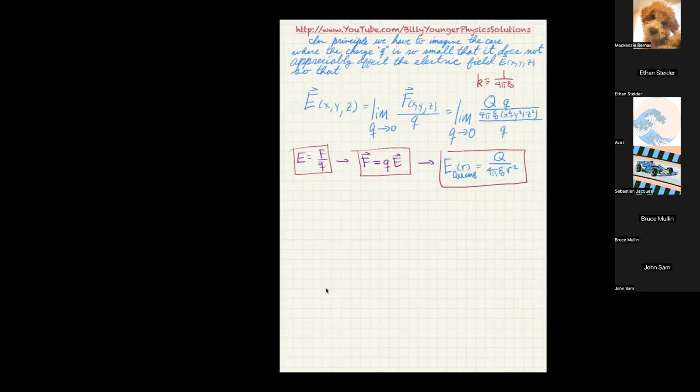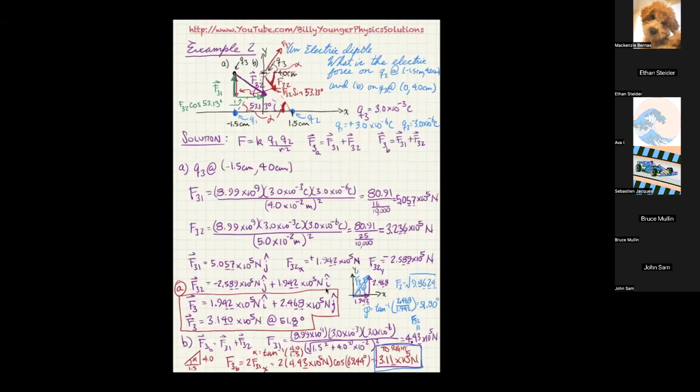So if we went back to that example that I did earlier, this one right here, I could just calculate the electric field at point A, and I tell you exactly what it is. For instance, when we added these two forces, F31 and F32, I got a magnitude of 3.140 times 10 to the fifth.